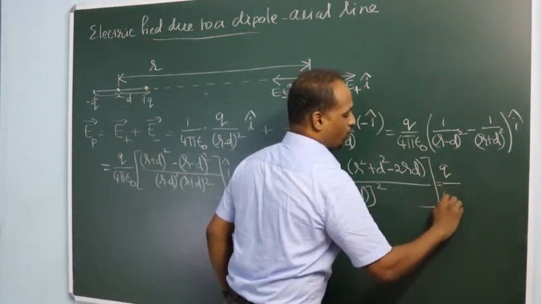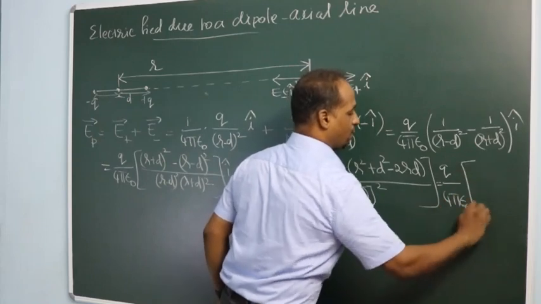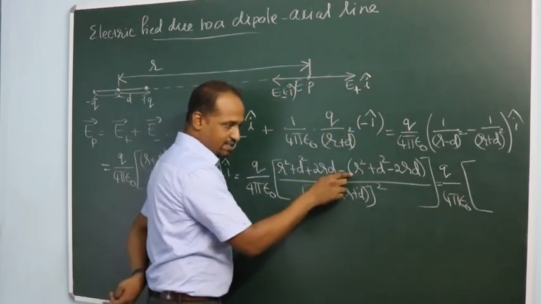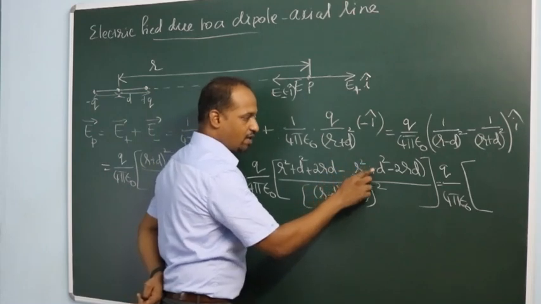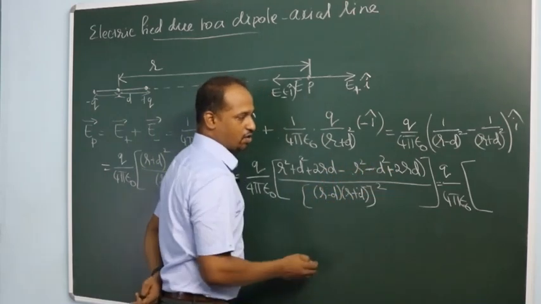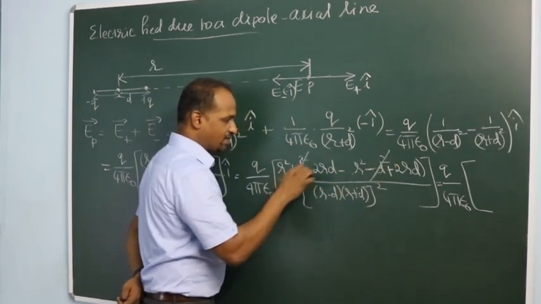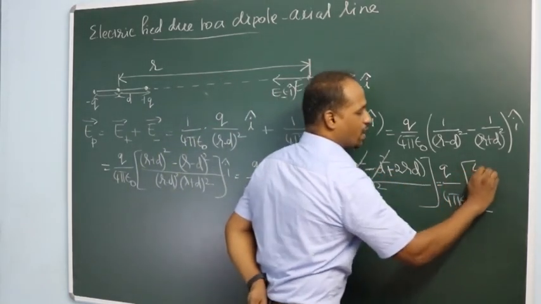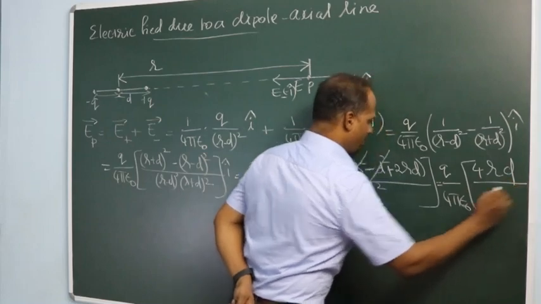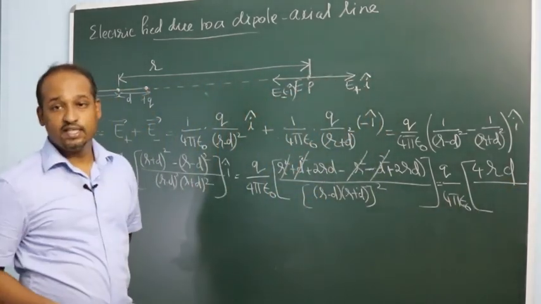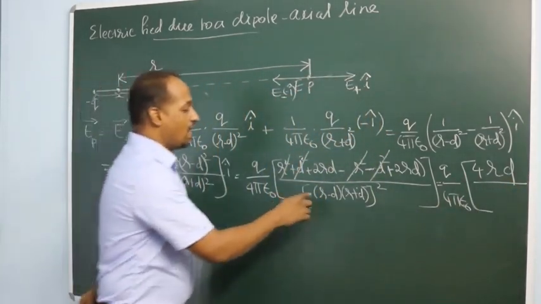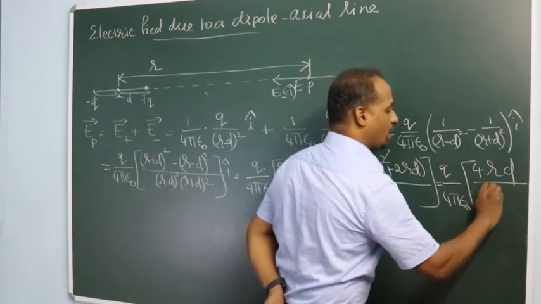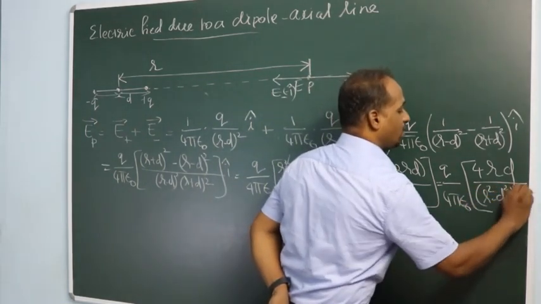q by 4 pi epsilon naught. See, when I multiply the minus inside, this becomes minus r square minus d square plus 2rd. So minus d square plus d square, minus r square plus r square, 2rd plus 2rd becomes 4rd, by r minus d into r plus d, which is r square minus d square. So r square minus d square the whole square.